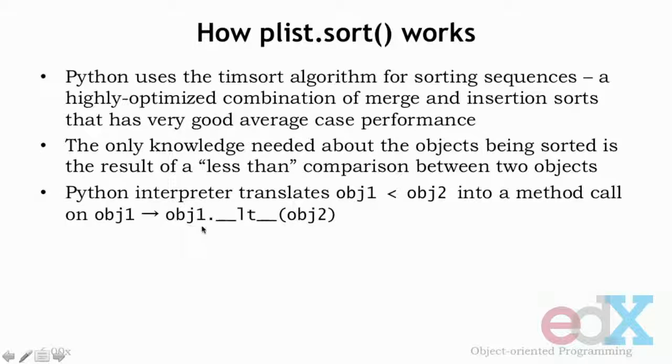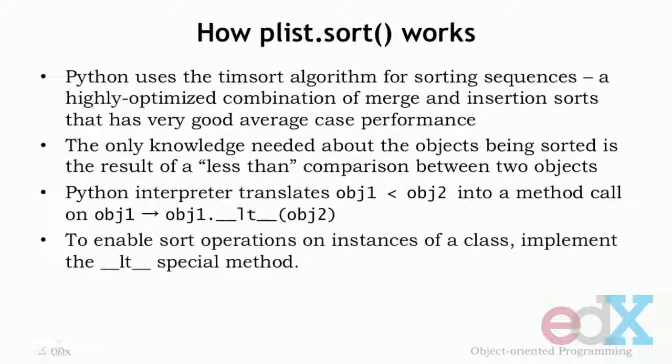Notice the double underscores at the beginning and end, so that means it's a special built-in method. Okay, so it's going to call the less than method of object 1 and pass it in the second object. And so all the sort routine really needs is for this to be implemented on the objects in the list, and then the sort method will take it from there. Okay, so we only have to implement the less than special method.